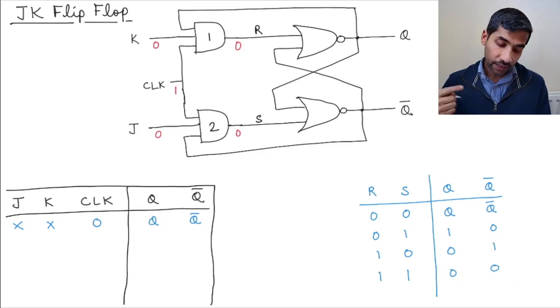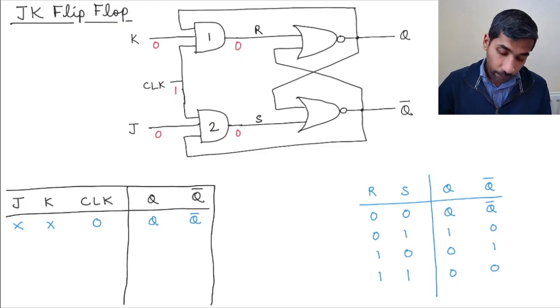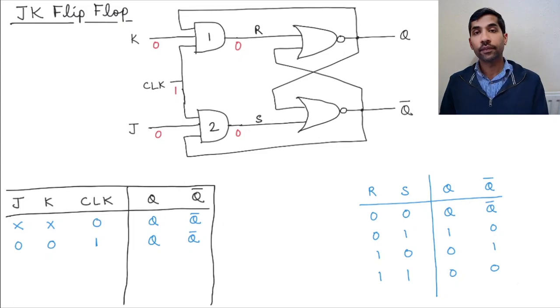Now if J and K are both equal to 0, what is the output of the AND gate 1? It is still 0, right? Because K is 0, so this is going to remain 0. What happens to the output of the AND gate 2? Again, this is also 0, and therefore the output is going to be Q and Q bar still. So clock is 1 and J and K are 0, 0, and we still get Q and Q bar.